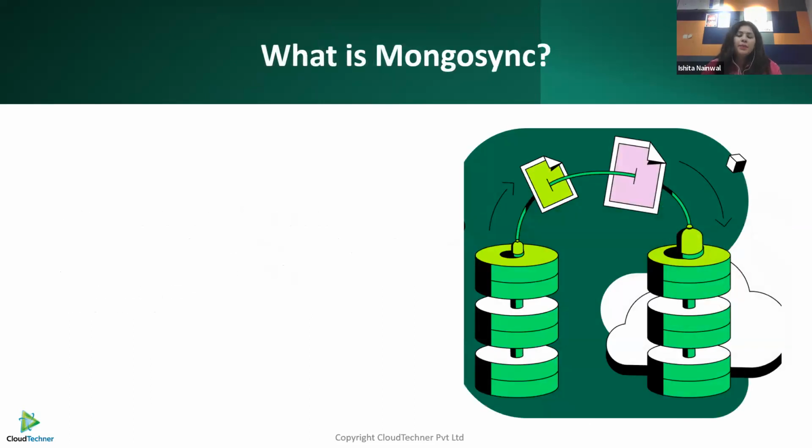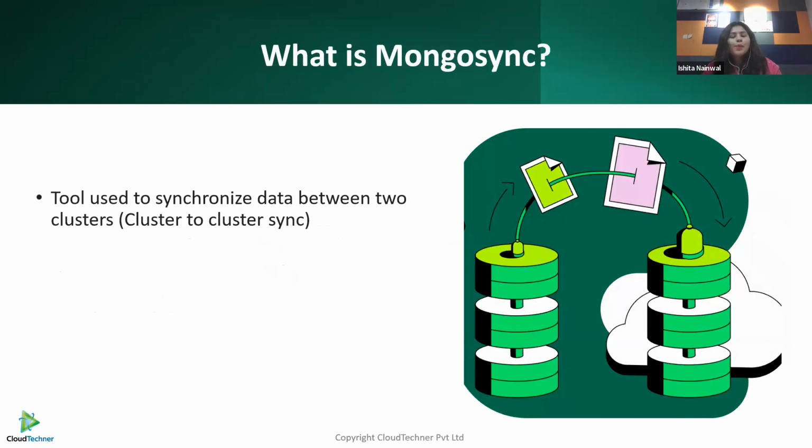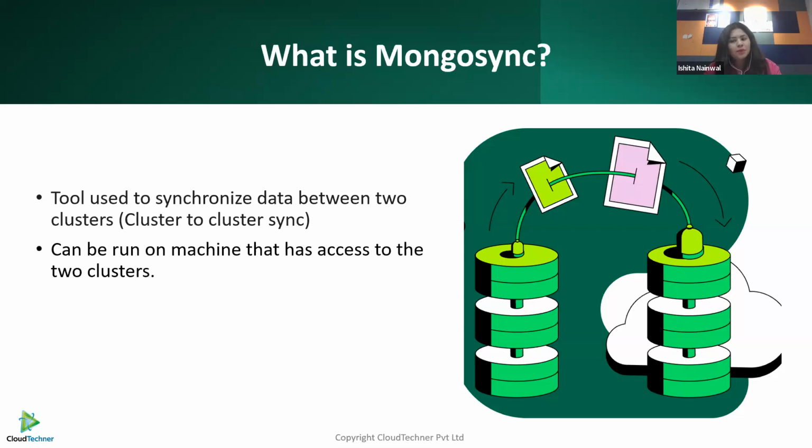Moving forward, let me introduce you all to the tool Mongosync. MongoDB cluster-to-cluster sync is called Mongosync. It is a free open source tool that can be used to synchronize data between two MongoDB clusters. It is a powerful tool that can be used to create disaster recovery clusters, and is also helpful to migrate data between two clusters and create read replicas as well.